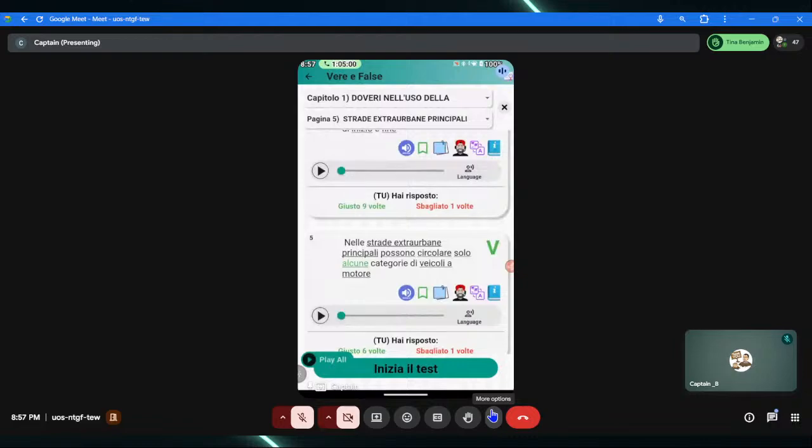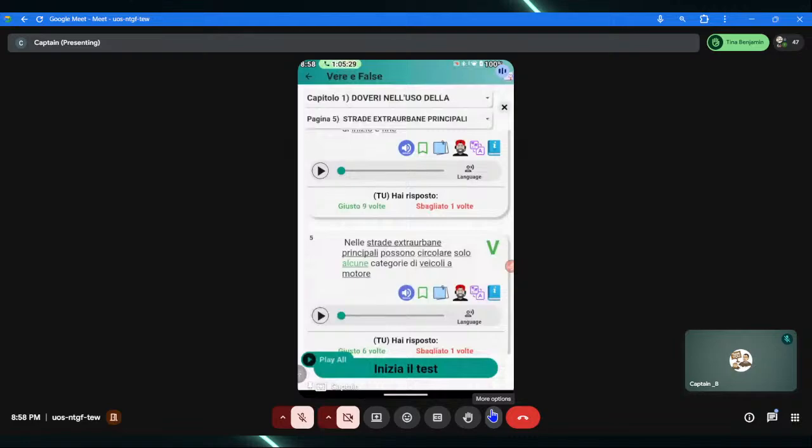That is the vehicles that can circulate. Not all vehicles can circulate in extraurbana principale. And it is true. È vero. Can you tell me that a ciclomotore will go and circulate in extraurbana principale? Ciclomotore cannot circulate in extraurbana principale.